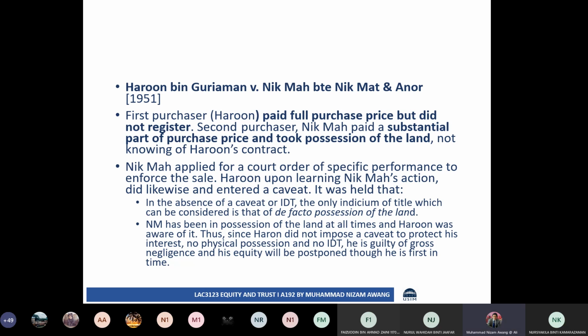So Harun was the first equitable purchaser, and Nikmah was the second one. In this case, the court held that Nikmah had a better right over Harun because she had been in de facto possession of the land.